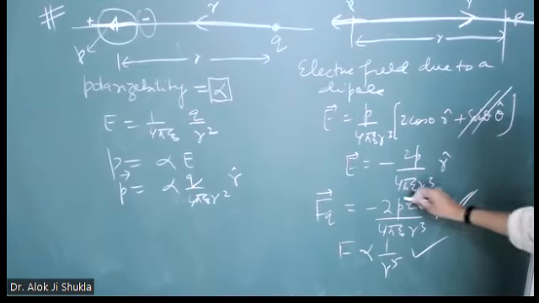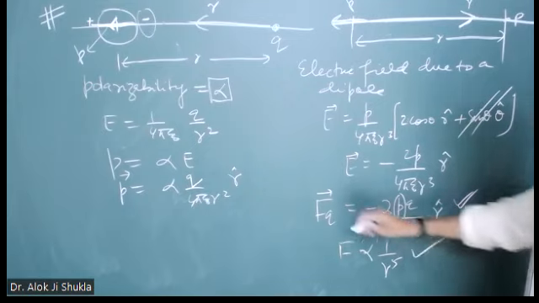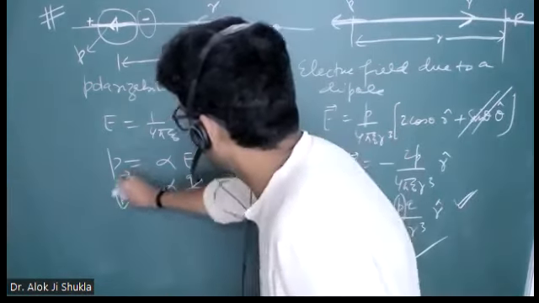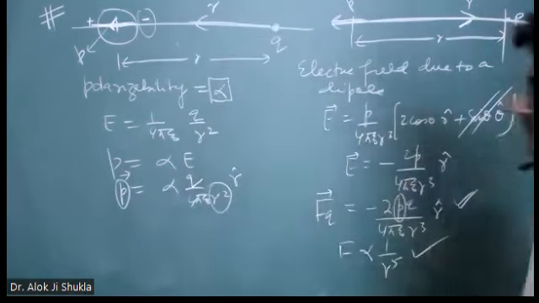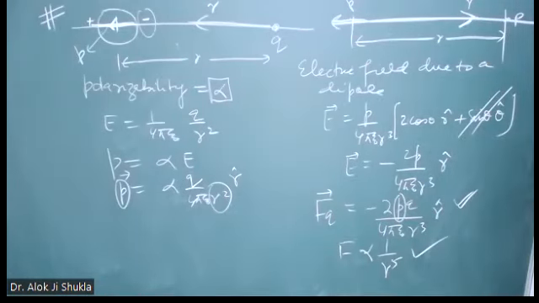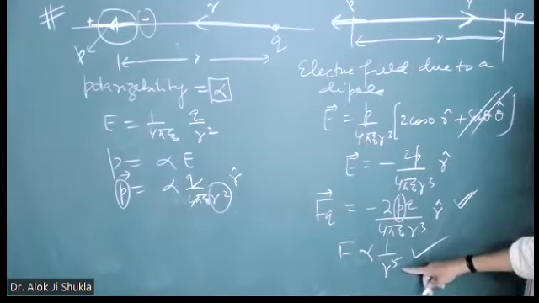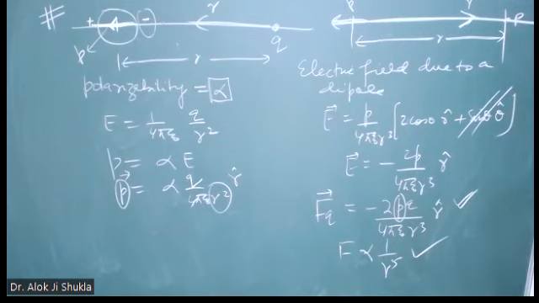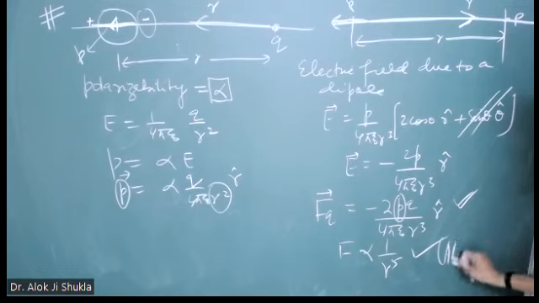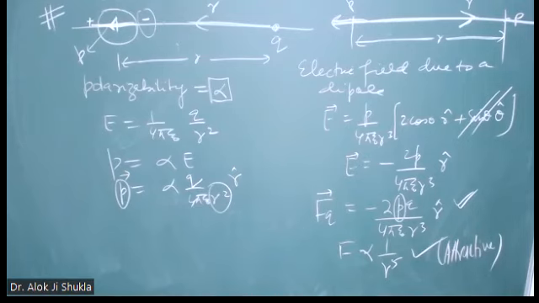Because of this P here, you see what is the proportionality of P? R square. Yes, sir. So when you bring it here, it will become r to the power 5. And what will be the nature? Attractive. Such a beautiful question to understand the polarizability and all this.